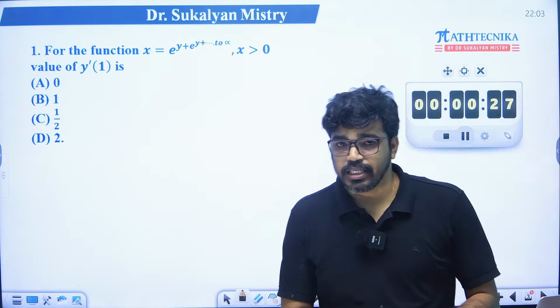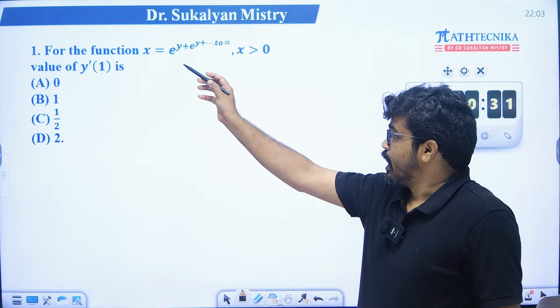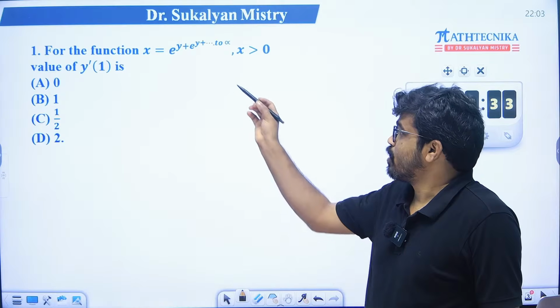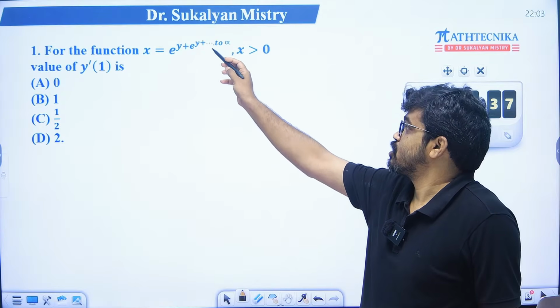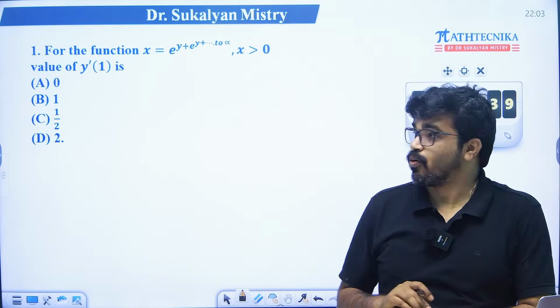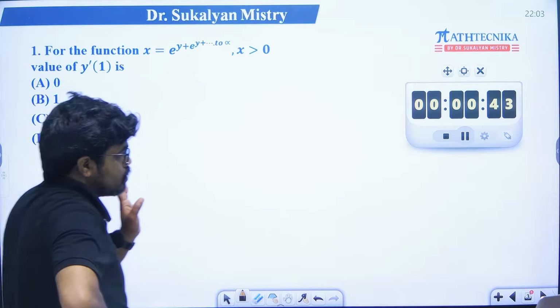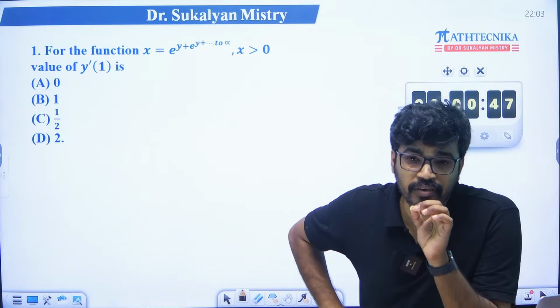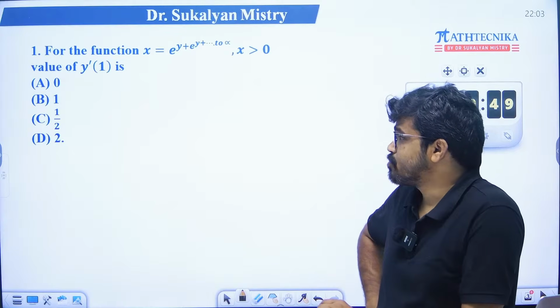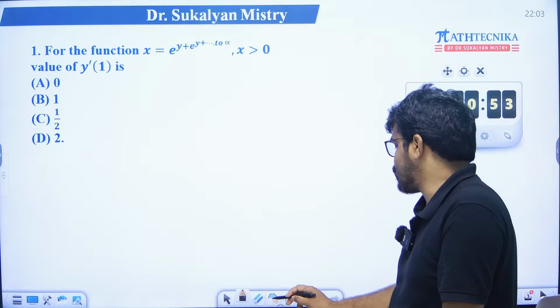Okay, so first see this problem. What is given here? For the function x is equal to e to the power y plus e to the power y plus e to the power y, and so on to infinity, we have to find the value of y dash 1, that is, the derivative of the function y at the point 1.